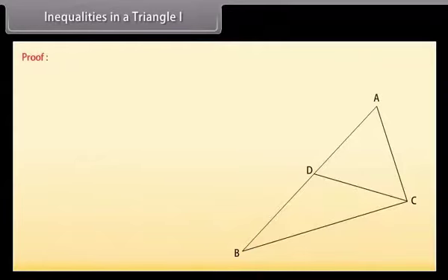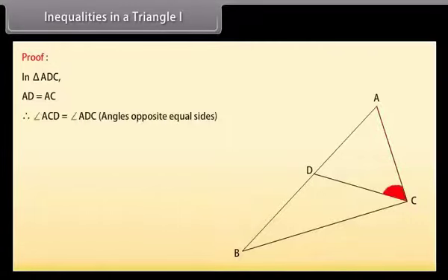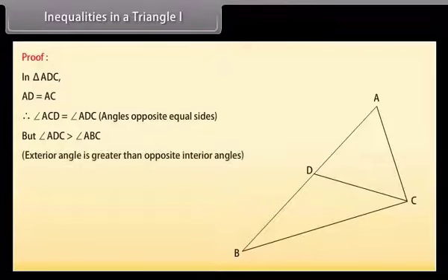Proof: in triangle ADC, AD is equal to AC. Therefore, angle ACD is equal to angle ADC because angles opposite equal sides of a triangle are equal. But angle ADC is greater than angle ABC because an exterior angle is greater than the opposite interior angle.